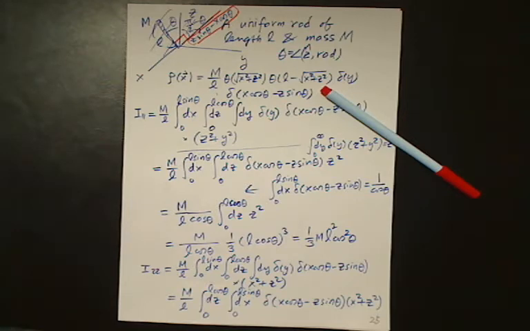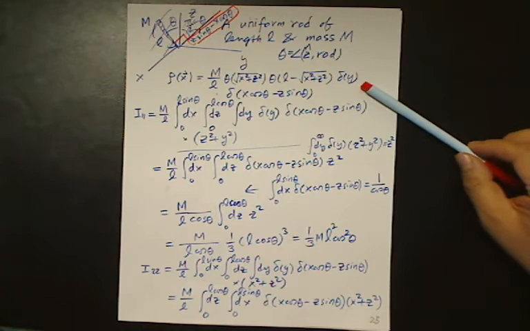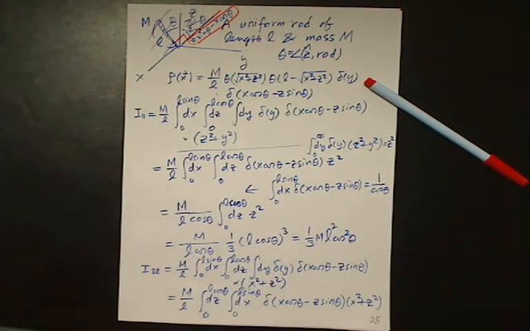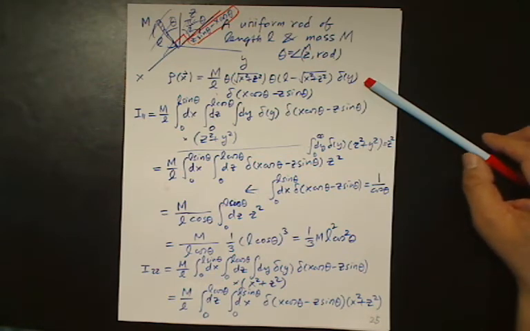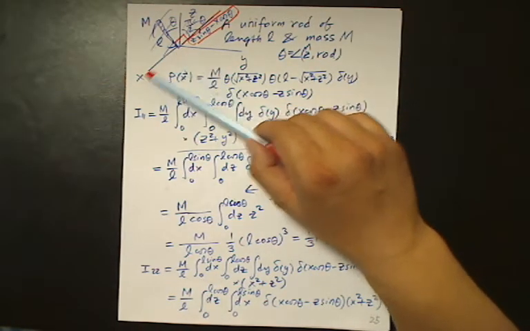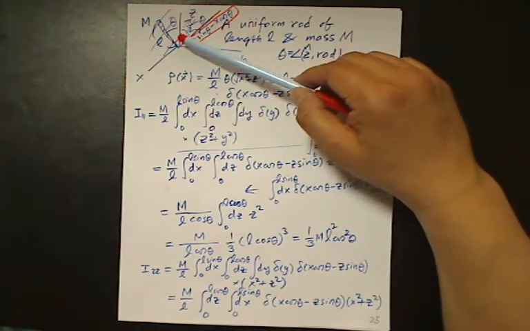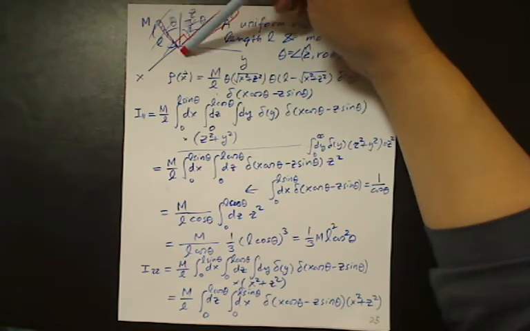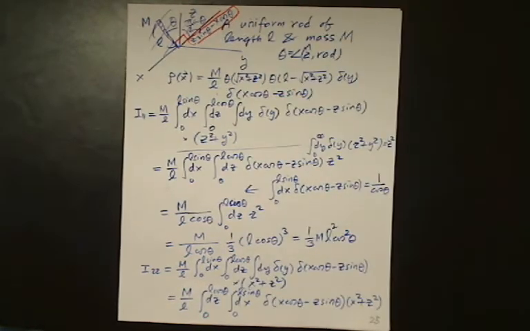And the delta function for y is still the same. However, in the previous calculation we used the delta function for x, but now it is not along the z-axis but along the axis that makes the angle theta with respect to z.